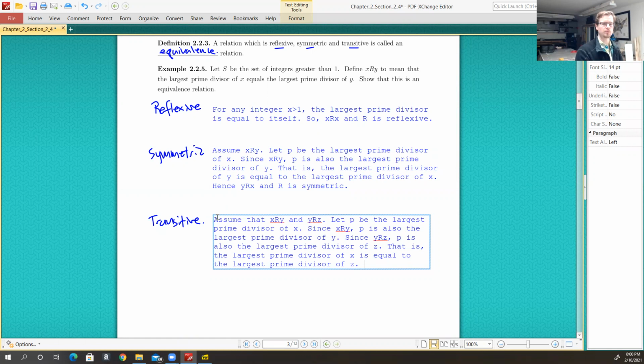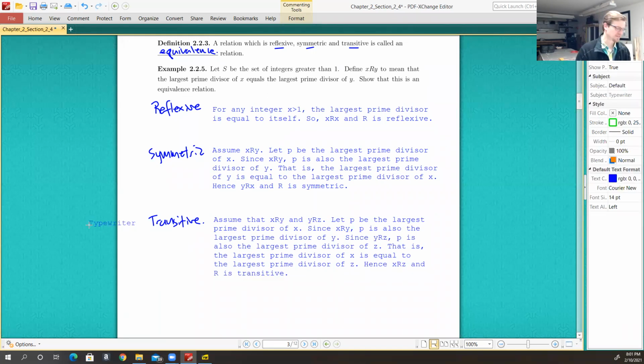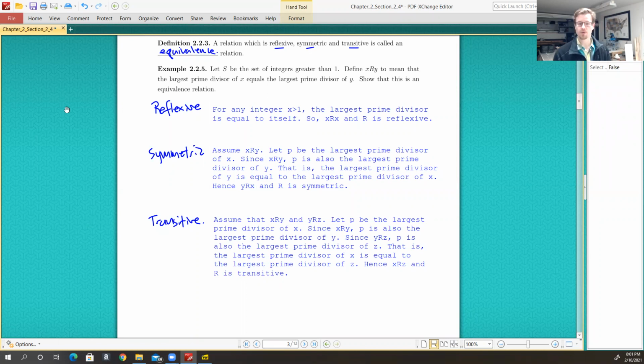Now, we say that it's related. Hence, x is related to z, and R is transitive. Excellent. And that's all that we need to show for this example.